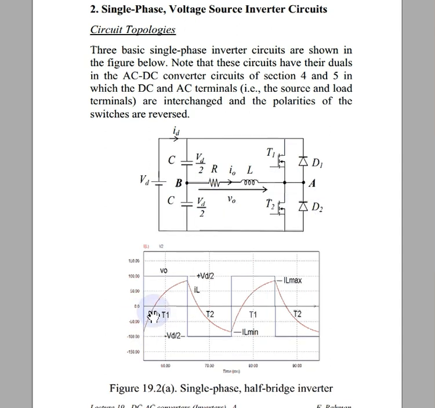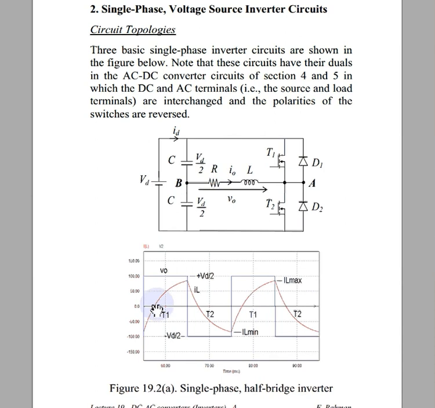So at this instant, if we consider this RL load, suppose initially L is charged, that means current will flow through this diode. At this instant T1 is off and D1 conducts, and current flows through this path, through D1, from negative to 0.